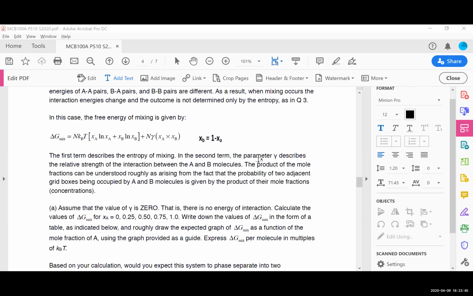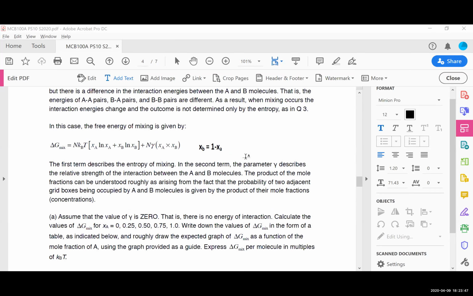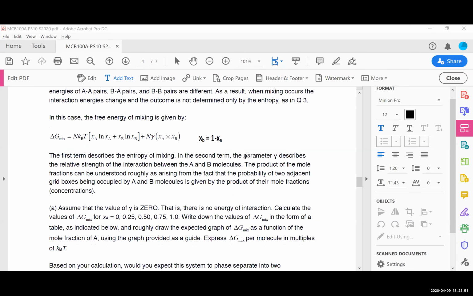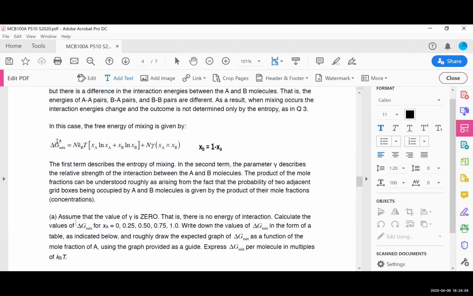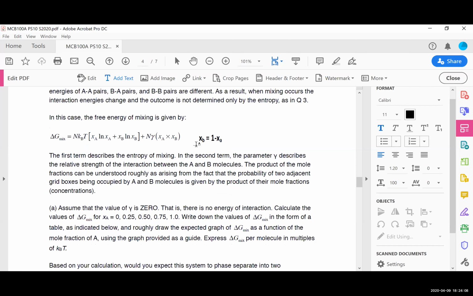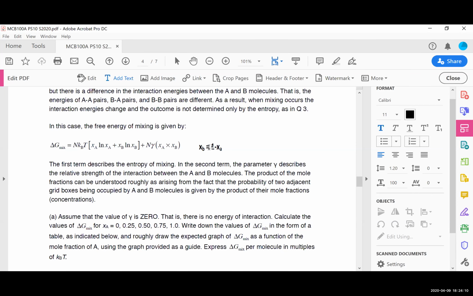All right, can everyone see my screen? All right, so first question, we already went over what the delta G mixing is before, and the important thing to remember is that XB is equal to 1 minus XA for mole fractions.